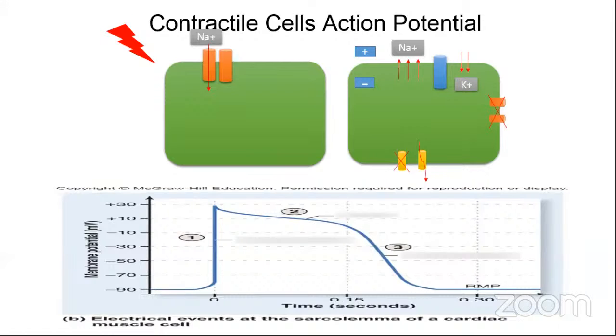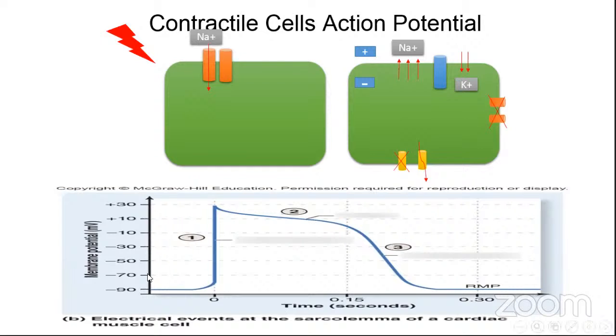Now, was this important? If we would like to have a graph, you remember that we said this cell at rest has a resting membrane potential of negative 90. But because positive sodium starts to get in, it moves towards the positive side.